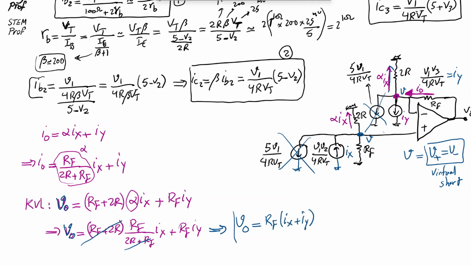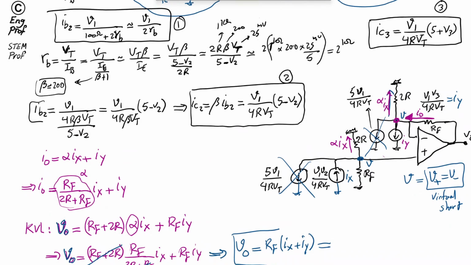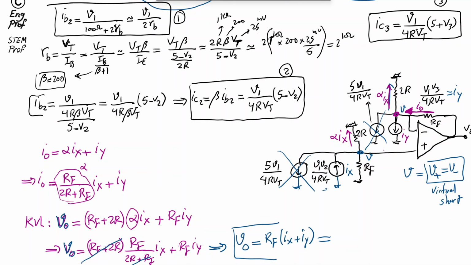Now it is easy, because we can substitute the value of IX here. Let me show it, and also IY here. So if we substitute, we get RF, and we have IX is V1 times V2 divided by 4R VT. And then for the other one, we have V1 times V3 divided by 4R VT.